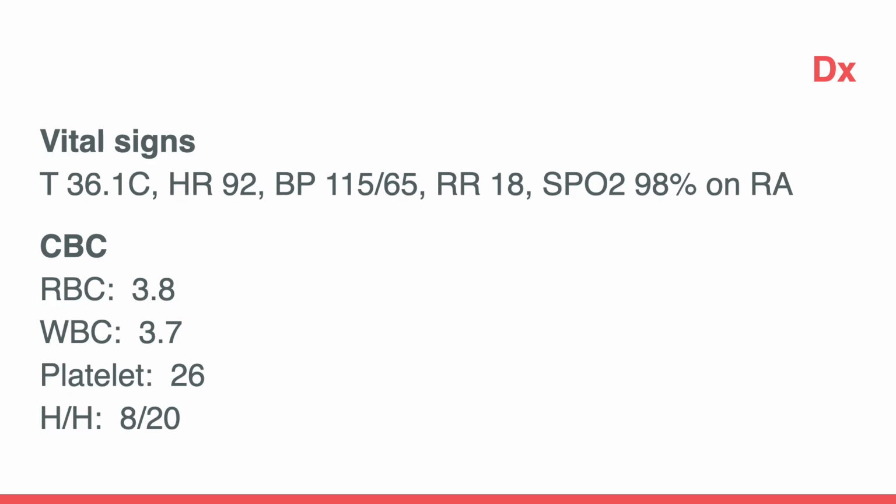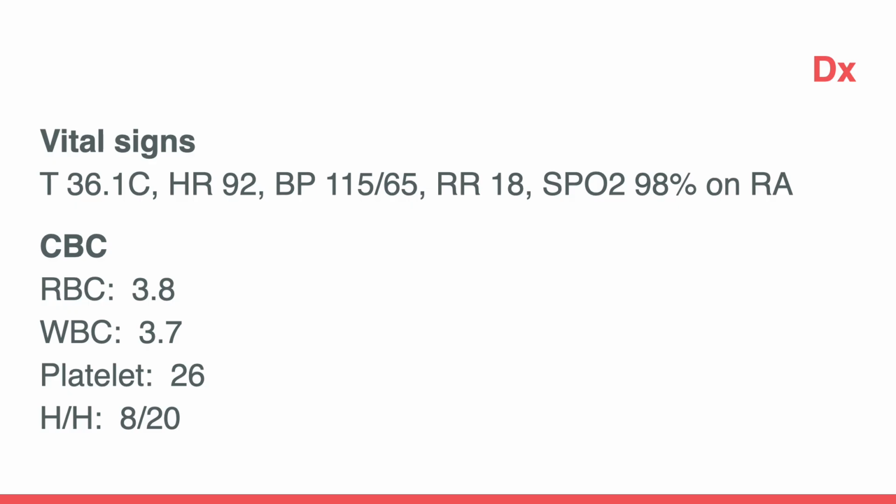CBC shows pancytopenia. Now, the text says that in the case of thrombocytopenia, the platelet will be isolated. However, in this case, because of the uncontrolled epistaxis, we notice that the whole blood was diminished, so she's having some pancytopenia. But in the case of ITP and bleeding, you'll notice that the pancytopenia may be present.